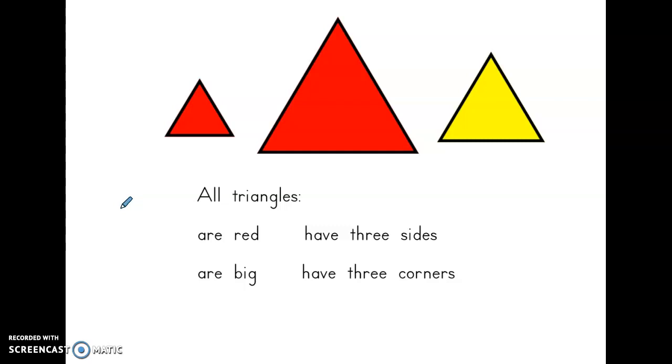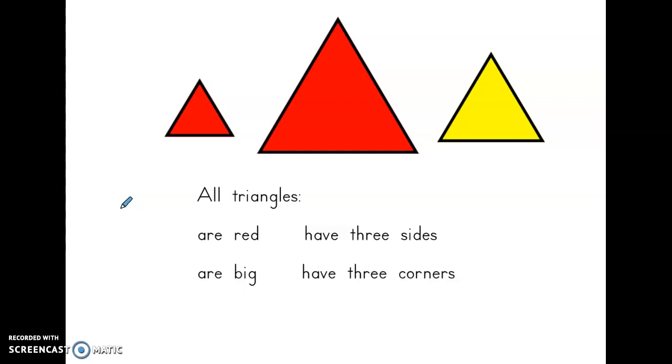We also talked about how triangles, or any plane shape, can be different colors, can be different sizes, can be in different positions, facing up, facing down, left or right. But those properties like size and color, those don't define a triangle. So it doesn't matter if a triangle is red or yellow or orange. What makes a triangle is the fact that it has three sides and three corners.